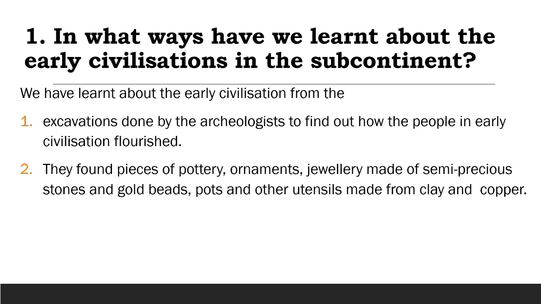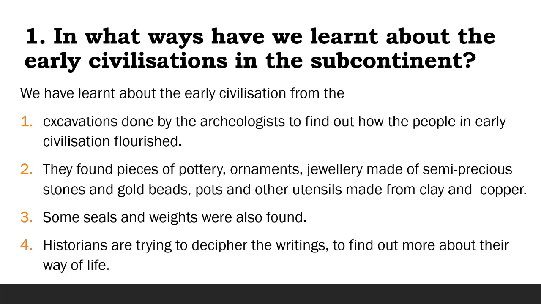They found pieces of pottery, ornaments, jewelry made of semi-precious stones and gold beads, pots and other utensils made from clay and copper. Some seals and weights were also found. Historians are trying to decipher the writings to find out more about their way of life.